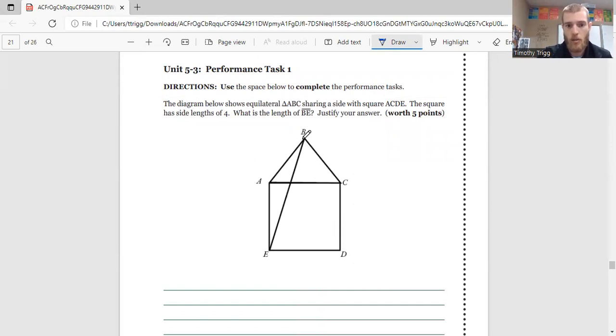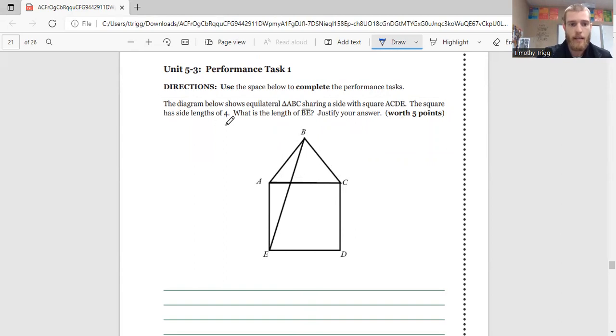So what's key here is that triangle ABC is equilateral, meaning all of its sides are the same length, as well as all of its angles are congruent. They're all 60 degrees. And it's sharing a side with the square ACDE. Since it's a square, all of its sides are the same, and this equilateral triangle, all of its sides are the same.